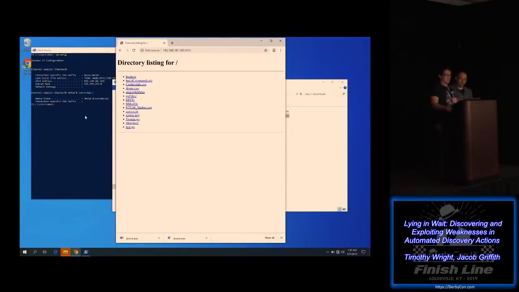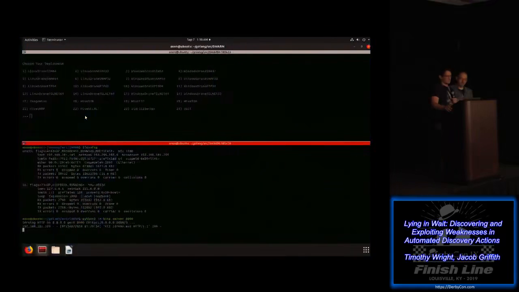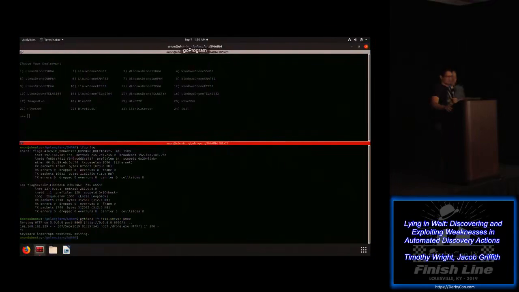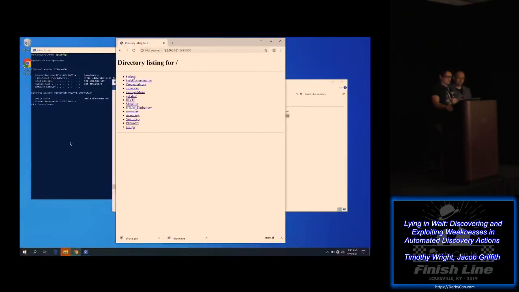So this would be a host that you'd already compromised. This is post-exploitation. You run the payload. And then you'll see me move over to the Nessus scanner to initiate the scan. I'm first going to tail the credential file so you can see it come in when it comes in.